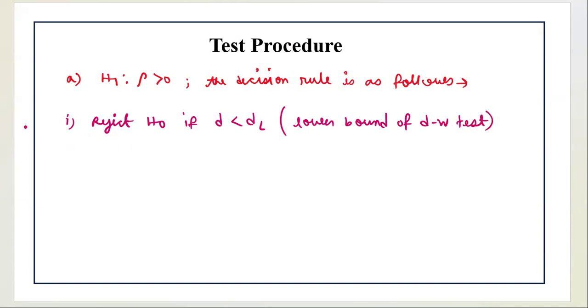This is the first case. We have to reject H naught if the computed statistic value D is less than the predefined lower bound. This predefined lower bound and the predefined upper bound can be found out using the distribution table that is given by Durbin and Watson, right? So this is the case.